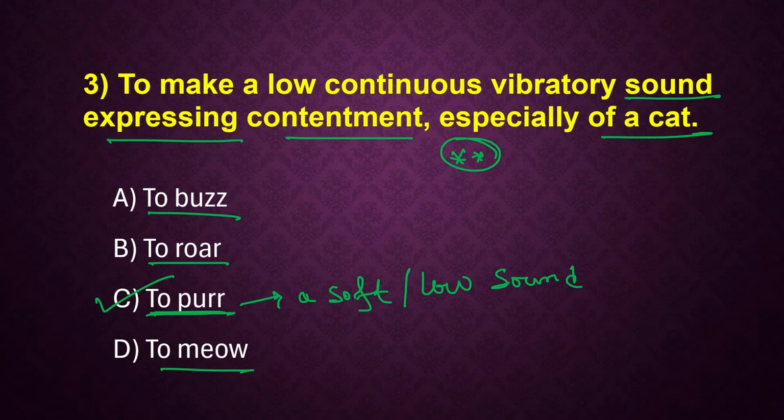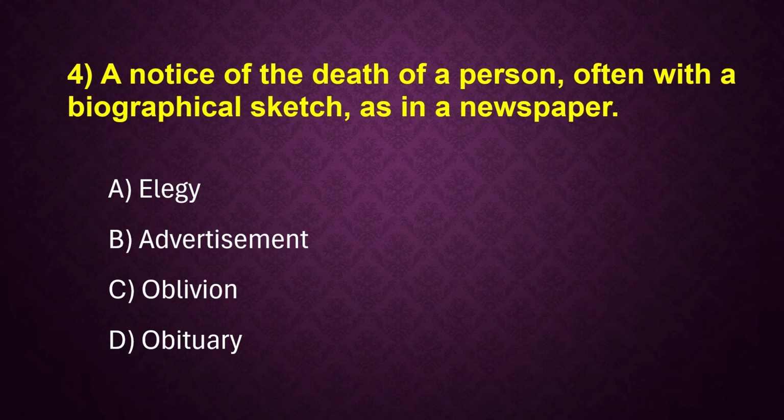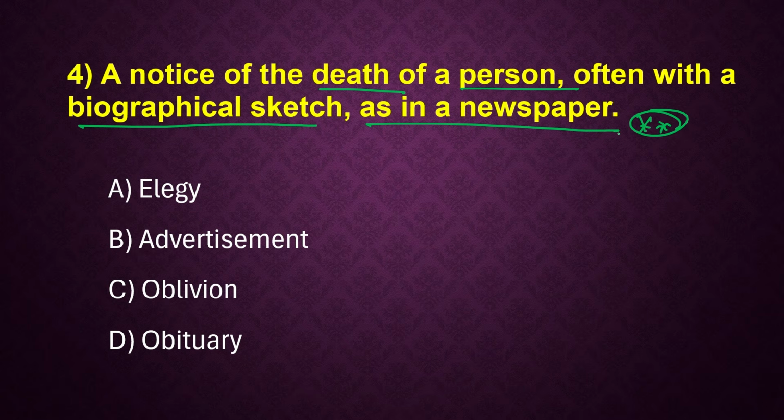Understand? Next, a notice of the death of a person, often with a biographical sketch as in a newspaper. So what is the correct one-word substitution? This one is also very important. Here the correct answer is option D, and that is called obituary. Okay.